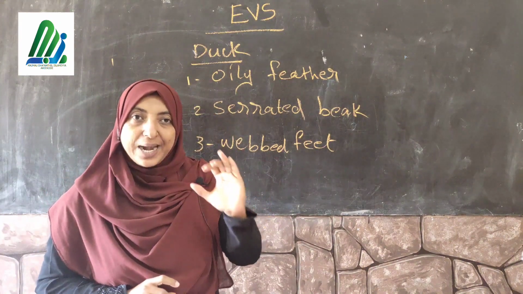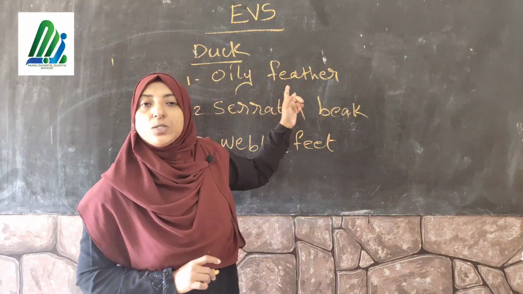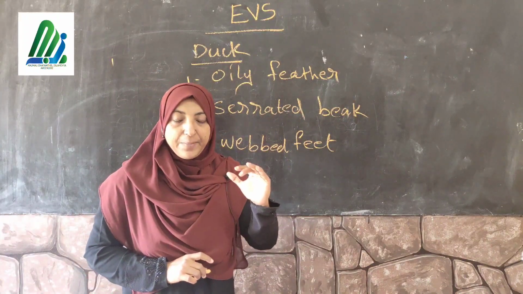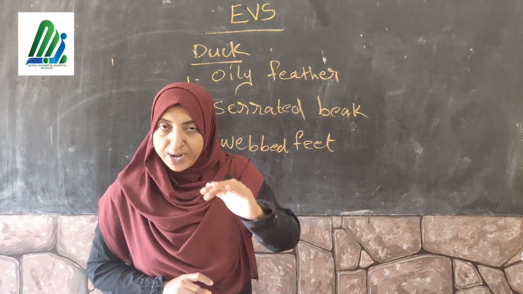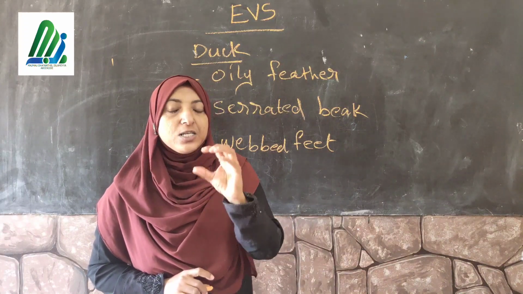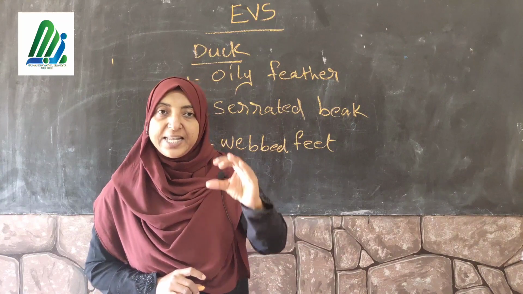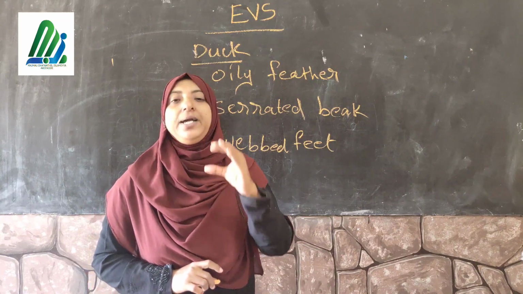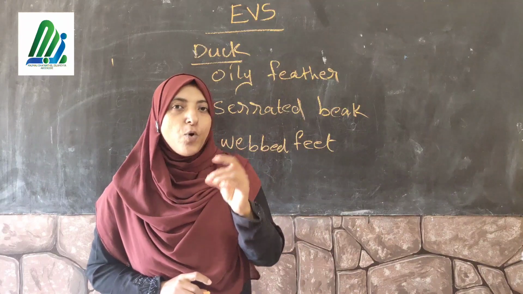Very important ones, so study very well. First one, it has oily feather. Second one, it has serrated beak. A serrated beak means its beak is a flat model, and at the end of that there is a small hole. Or we can say its beak is like a net model. So by using that beak, it can easily catch small prey.